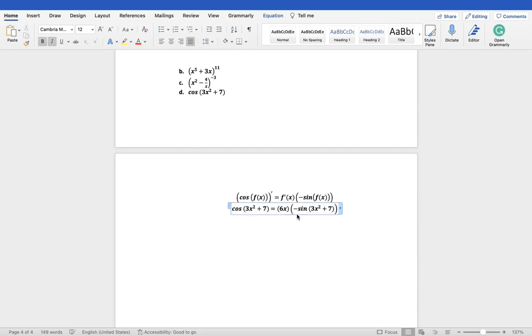And this should be simplified to just be equal to minus 6x multiplied by sine of 3x squared plus 7. And there you go. So that is it. That's your final answer. Any questions?